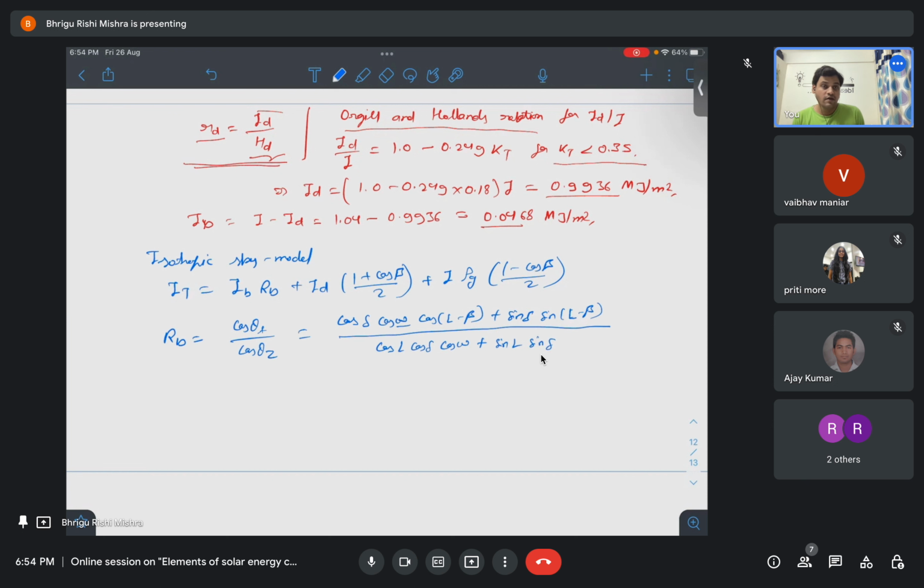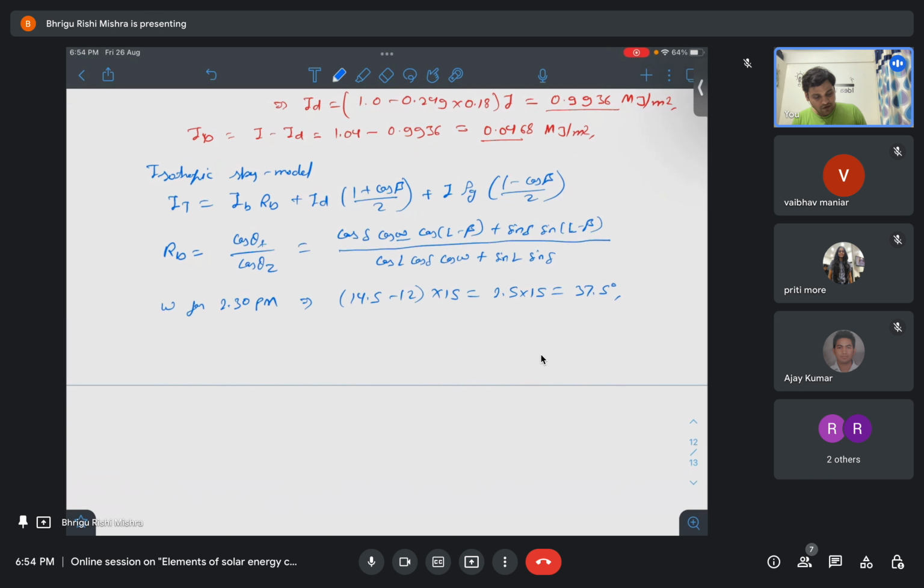Since the time is given from 2 pm to 3 pm, we need to calculate omega for the middle value, that means for 2:30 pm. Omega for 2:30 pm is (14.5 minus 12) into 15, which is 2.5 into 15, and it turns out 37.5 degree.